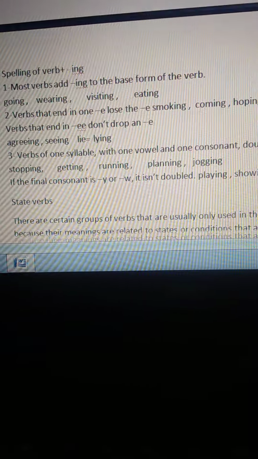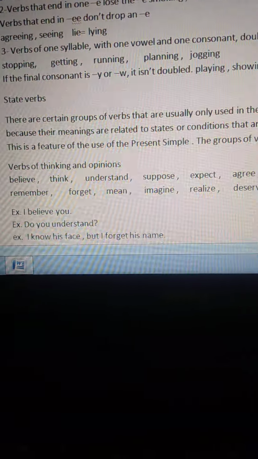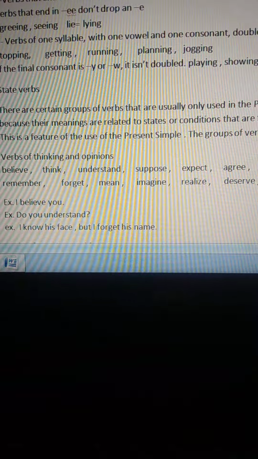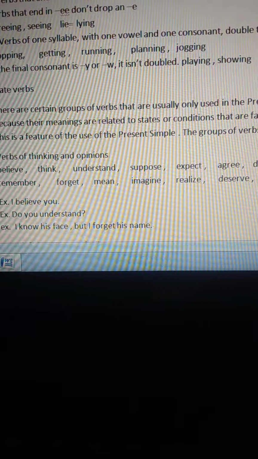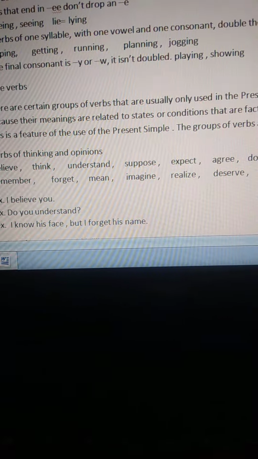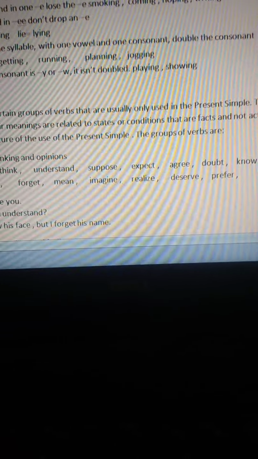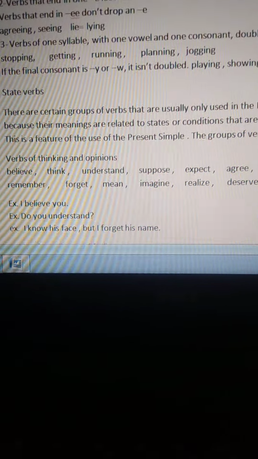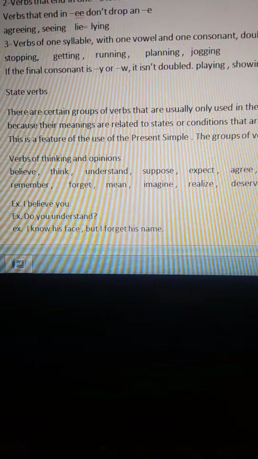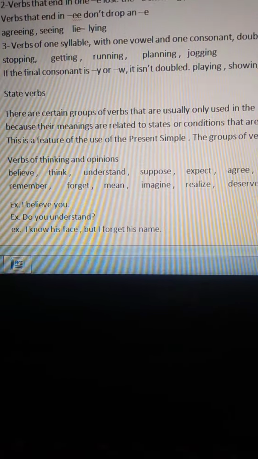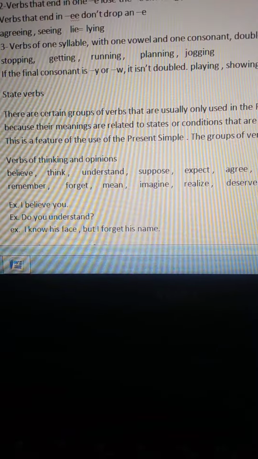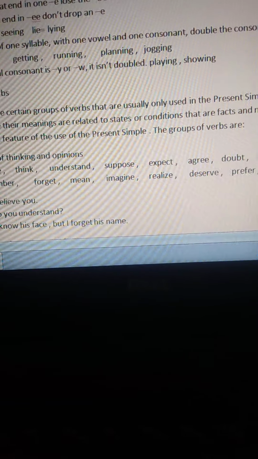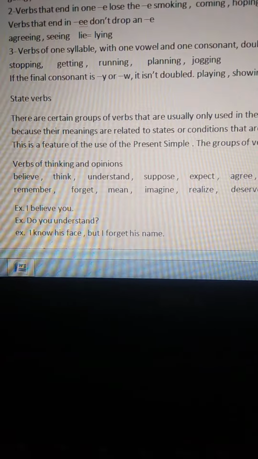Number three, verbs of one syllable with one vowel and one consonant double the consonant.